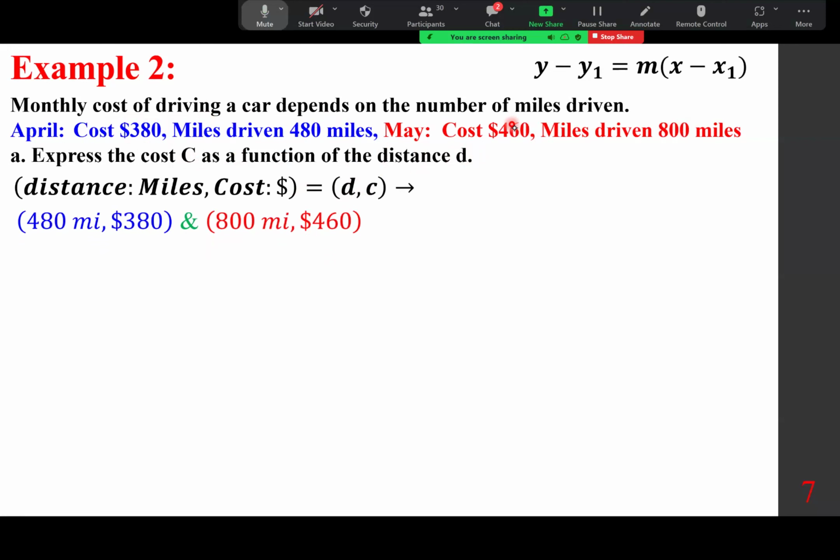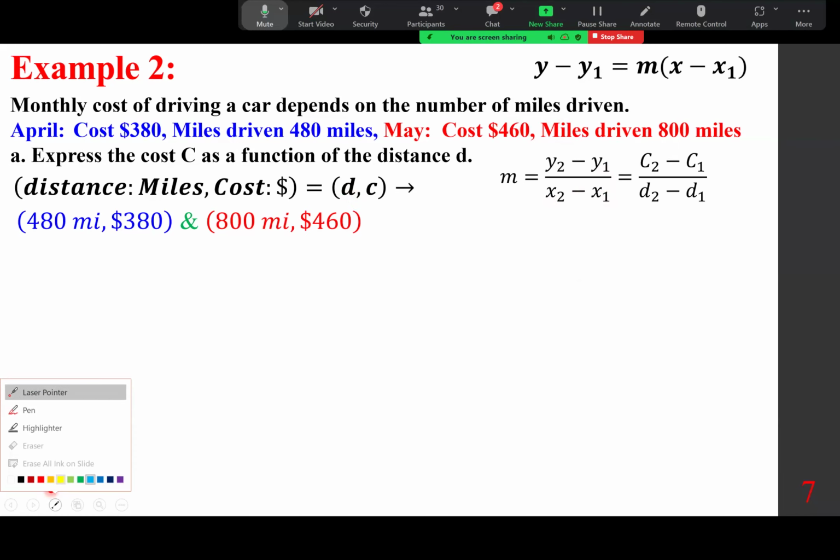Now, the slope is rise over run, y sub 2 minus y sub 1 over x sub 2 minus x sub 1. In this case it would be c sub 2 minus c sub 1 over d sub 2 minus d sub 1. So first we write the formula that we are familiar with, then we extend it to the pair. And if we have a difficult time following that, you can do the following, everybody.